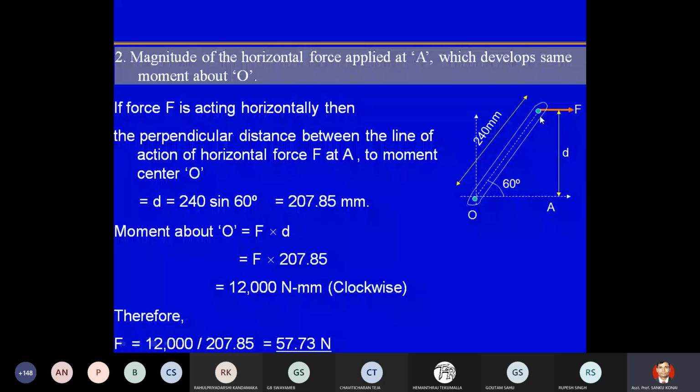Now the moment will be force into perpendicular distance, F into 240 sin 60, equal to the moment already calculated, 12,000 Newton millimeter. So F into 207.85 is equal to 12,000 Newton millimeter. So F is 12,000 divided by 207.85, that is 57.73 Newton.